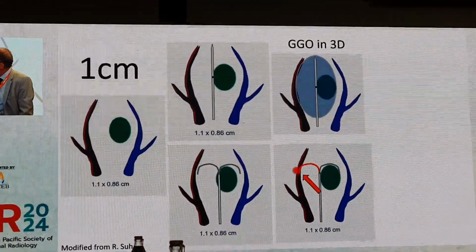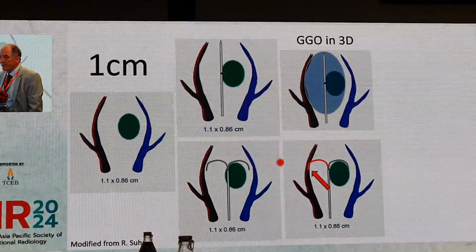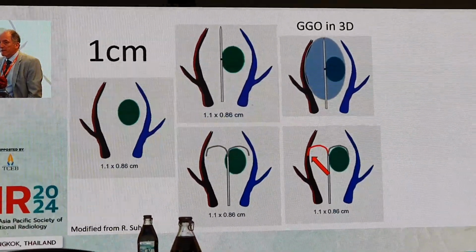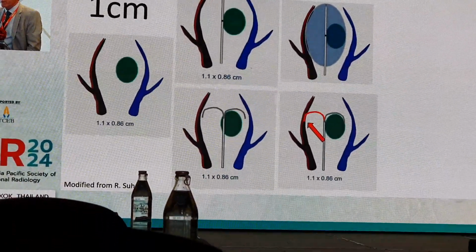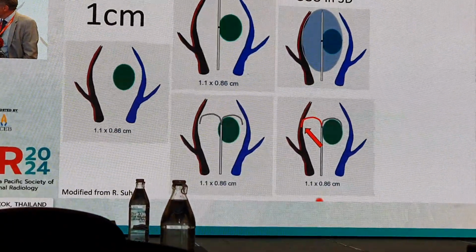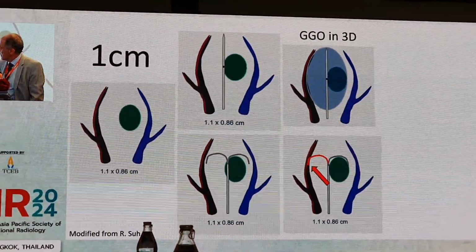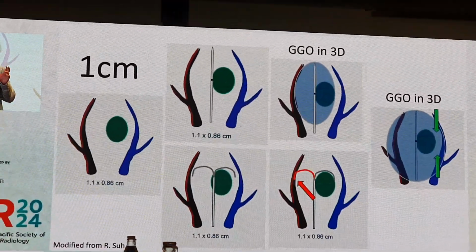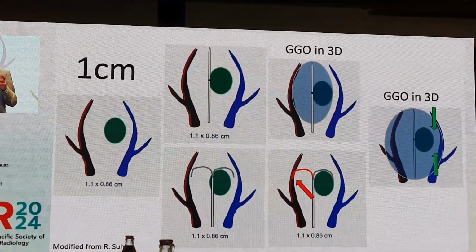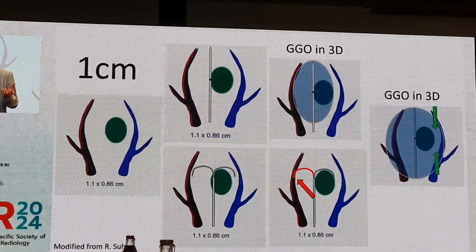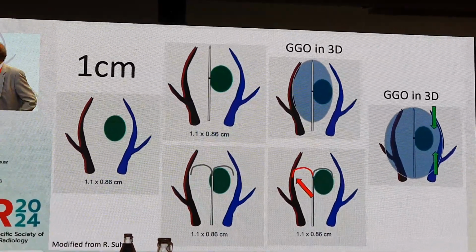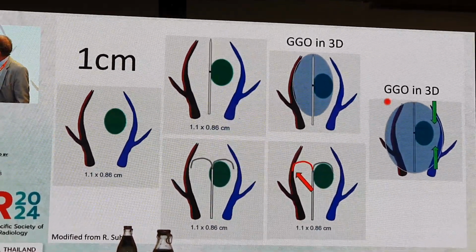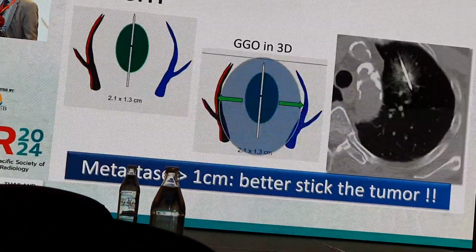If you have 1 electrode in a bronchus or a vessel, there are some devices that are not able to work and to deliver energy if 1 electrode is in a vessel or a bronchus. And the most important is, with the lung, you always have the possibility to control the extent of coagulation by looking at the ground glass opacity after your ablation.